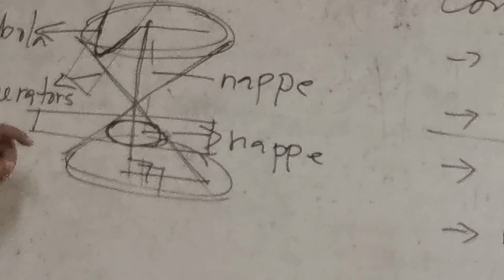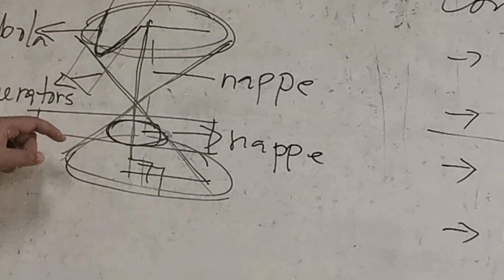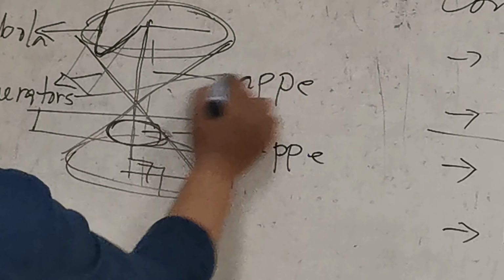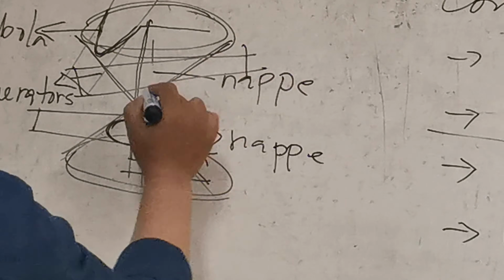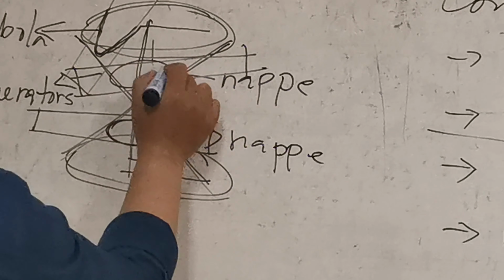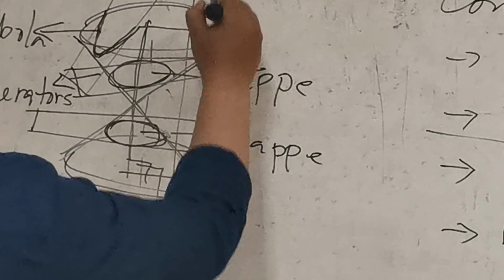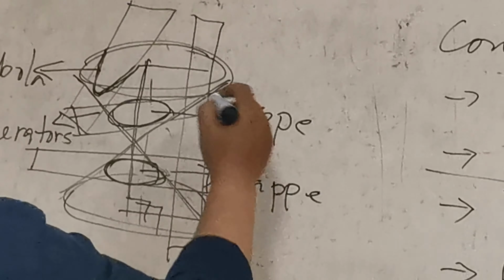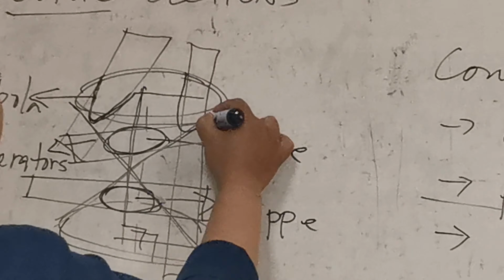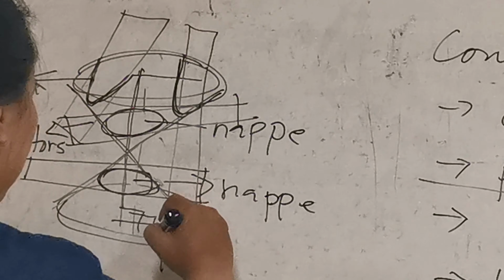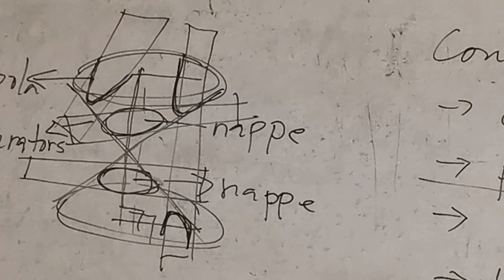If the plane will not cut this perpendicularly, or in a slanting position, then an ellipse will be formed. And if the plane will cut both nappes, then we can now have a hyperbola.